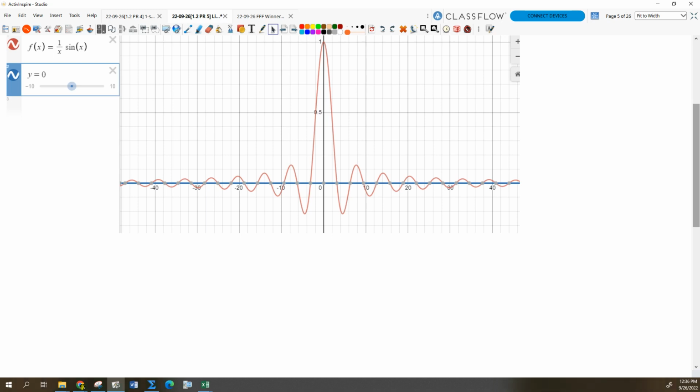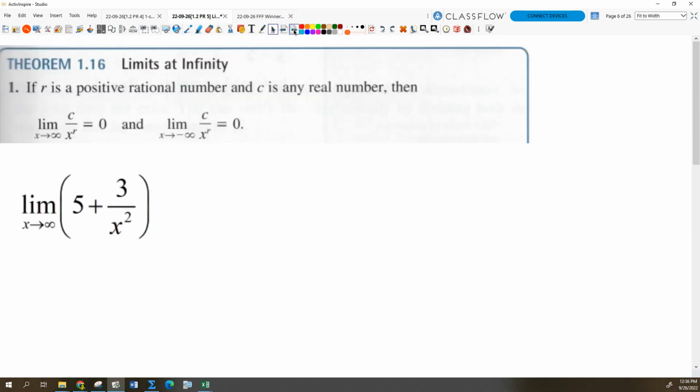Okay. So then what's helpful to do here, one other thing: limits at infinity. I'll throw out this theorem. If r is a positive rational number, and by the way, we can show that this works for any positive real number. I probably won't do this proof because we don't have time, but it doesn't even have to be a rational number.